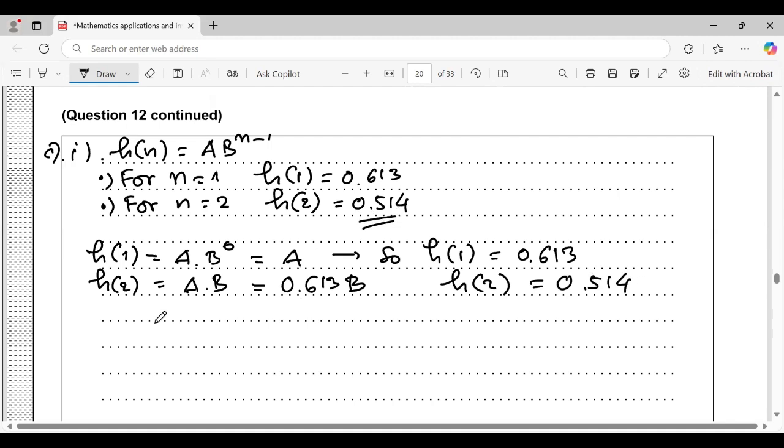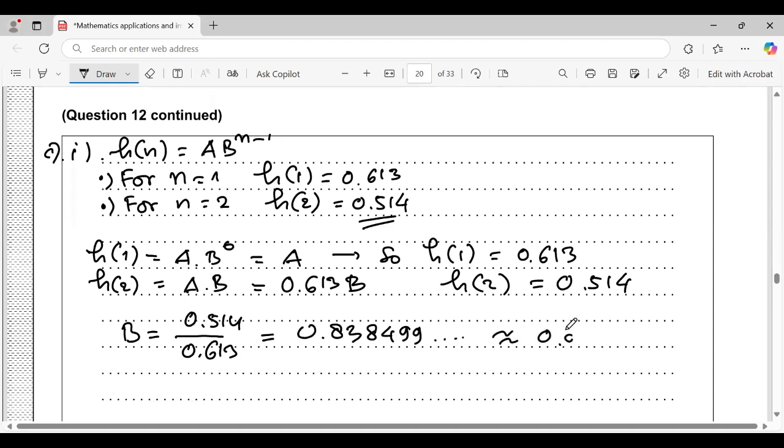So b we can find through this equation: 0.514 divided by 0.613, and the result is 0.838499.